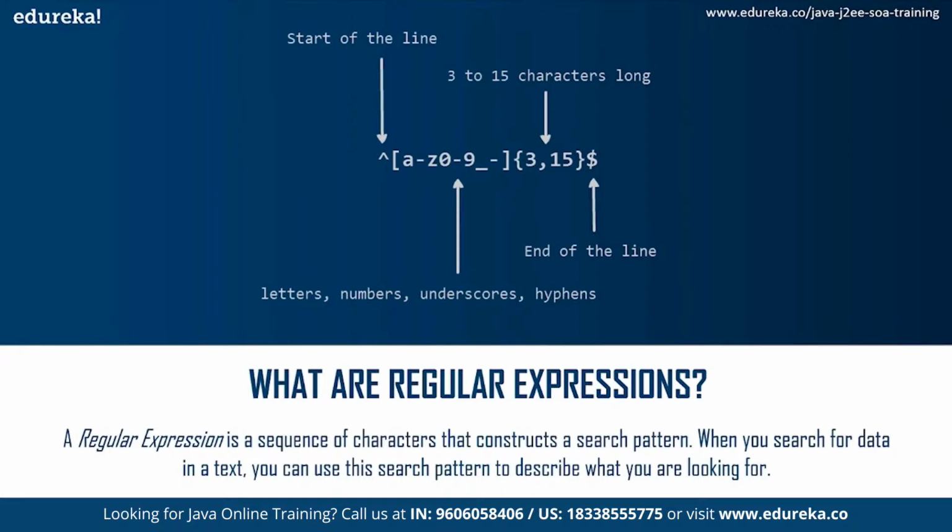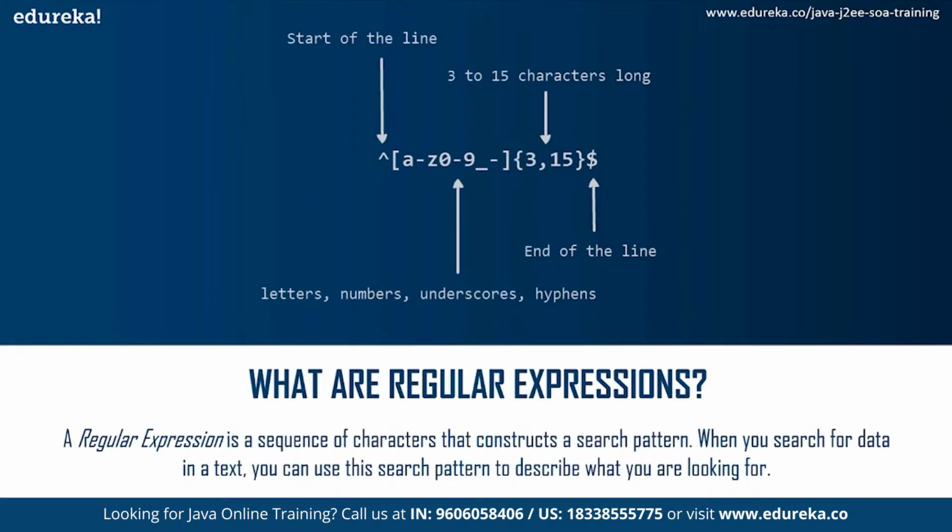you can see that the caret represents the start of the line. And a set which is enclosed within the square brackets represents letters, numbers, underscore, hyphen, everything. It comprises all the alphabets, numericals, and special characters as well. And also, if you want to write a regular expression which is 3 to 15 characters long, then you can enclose it within the curly braces as shown here, and the dollar symbol implies the end of the line.